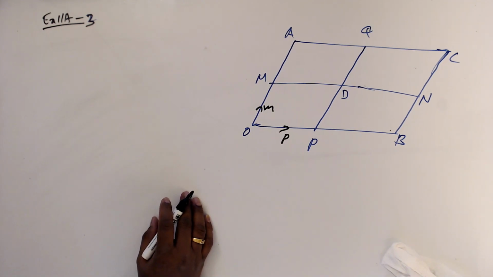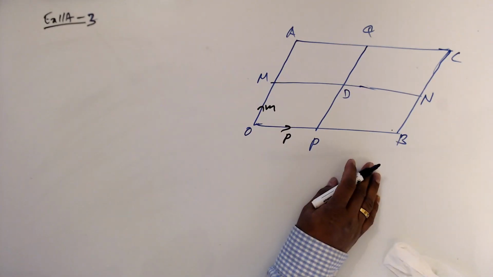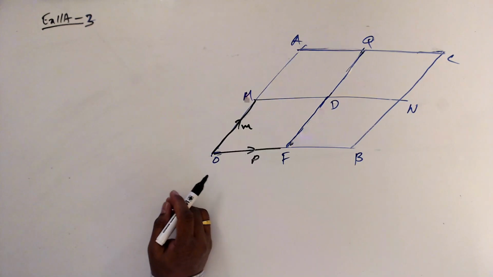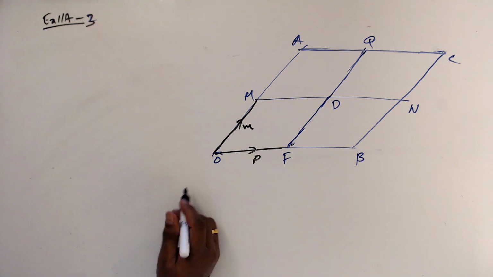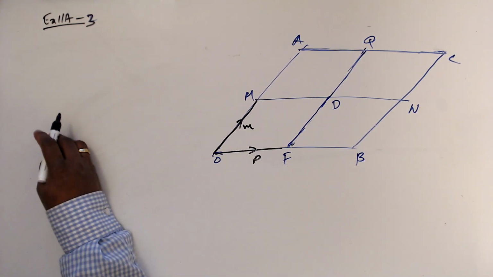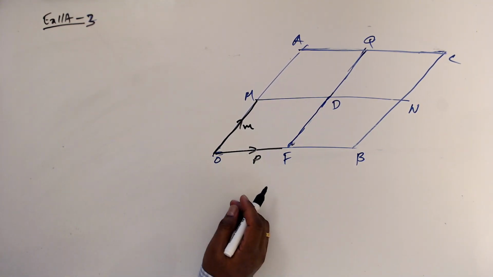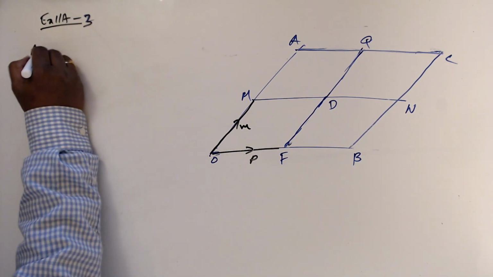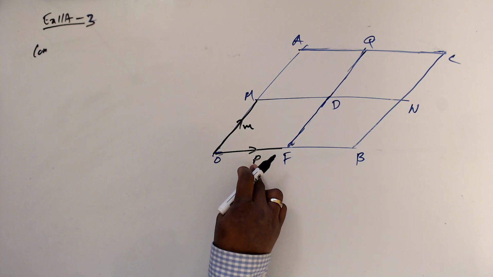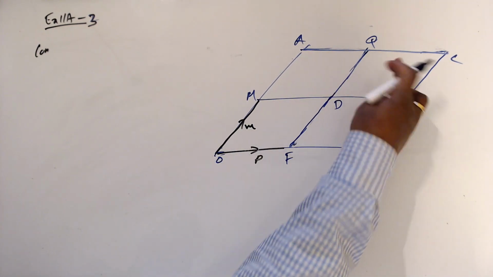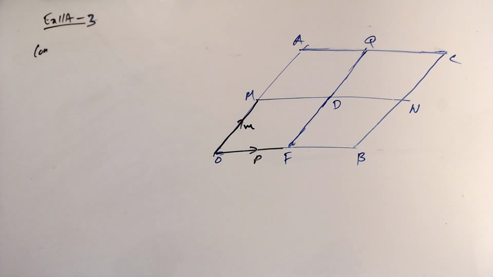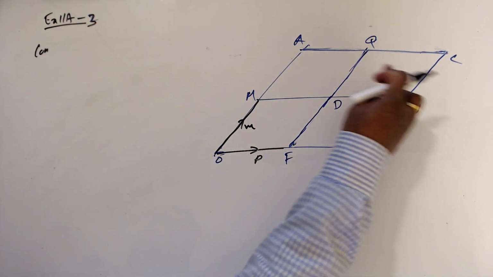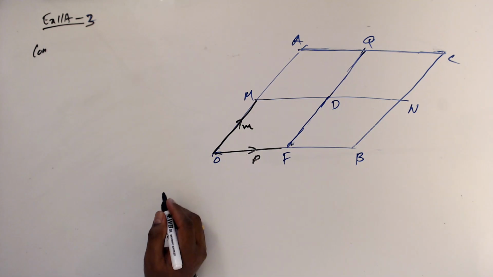Question number 3. This is a parallelogram. I rewrite it. The first question is, first of all, as usual, we'll write consider. So now I know this is P, and this is P, this is P, this is P, and this one P, and this one P. Likewise, you know now this is M, this is M, this is M, they all are M, but we have to write this one.